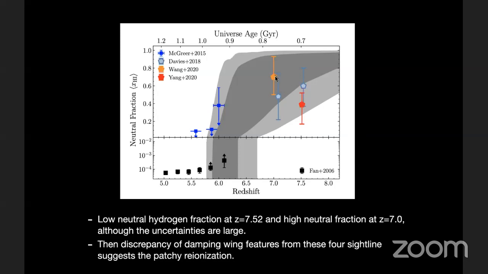We get a high neutral fraction at redshift around 7 and a lower neutral fraction at redshift around 7.5. Although they have large uncertainty, we can conclude that the discrepancy of the damping wing absorption features from these 4 quasar sightlines suggests that the reionization could be patchy.